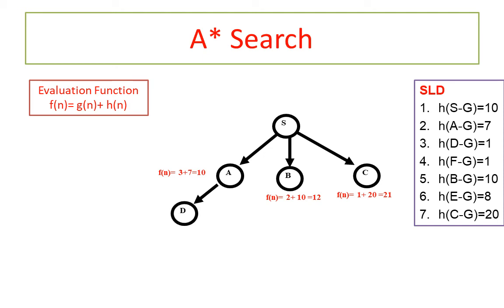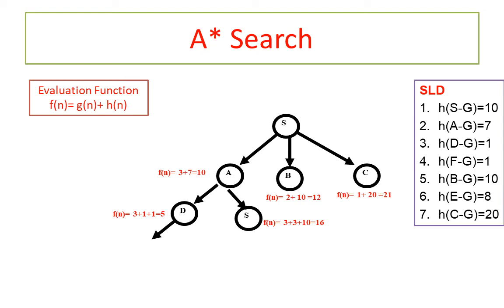Here the child nodes are D as well as S. A is adjacent to S as well as D. If you take f of n for D, the distance covered from S to A is 3 and A to D is 1, and again the straight line distance is 1. Therefore the value of f of n is 5. And when you take S, f of n is 3 plus 3 plus the straight line distance 10.